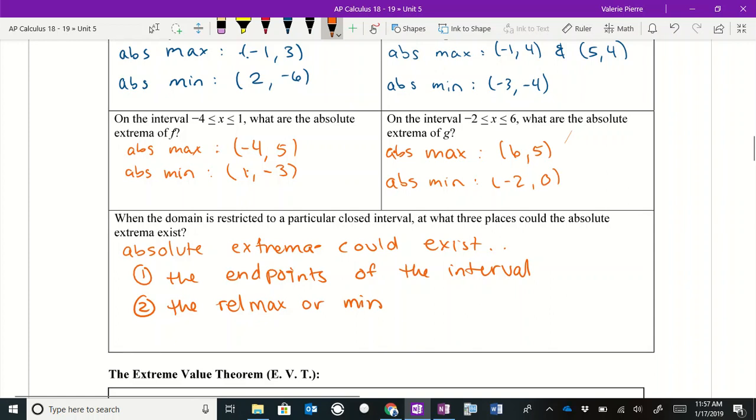Actually, let's rewrite that so that we are more specific. Where f of x has horizontal tangent. I cannot spell.